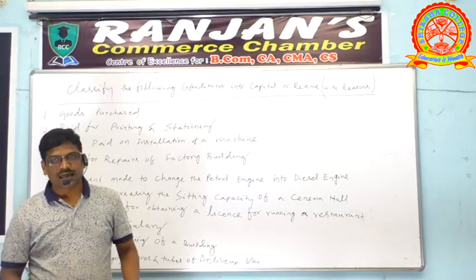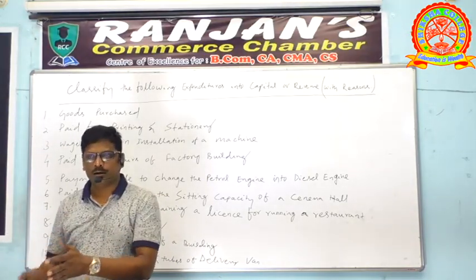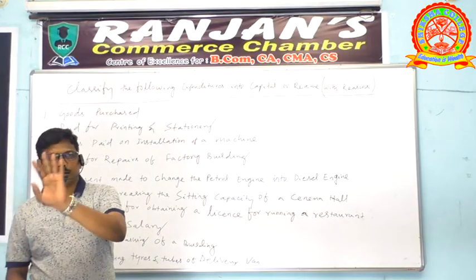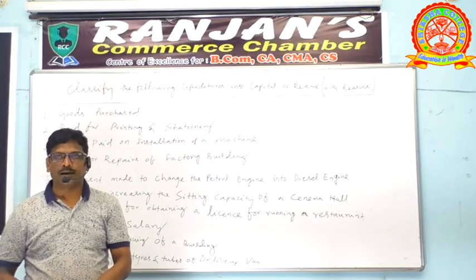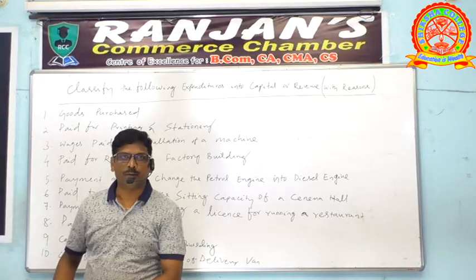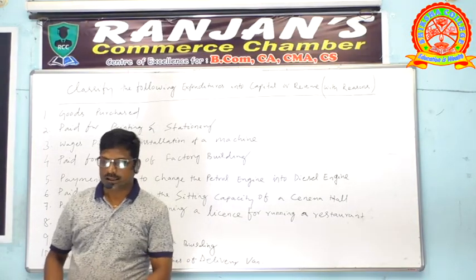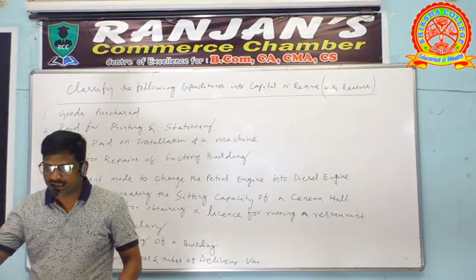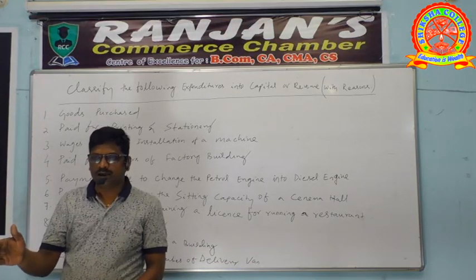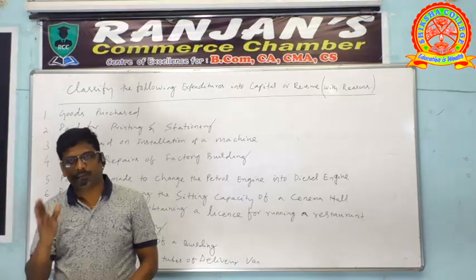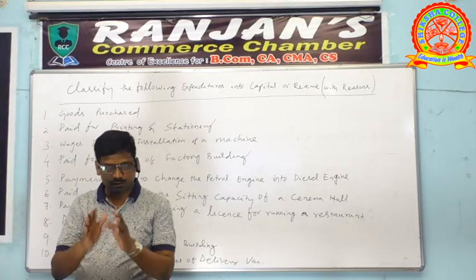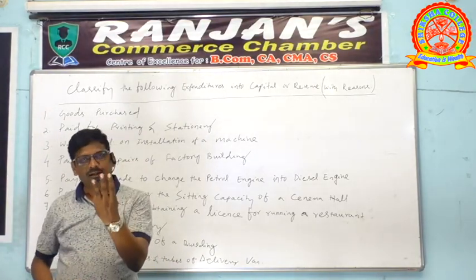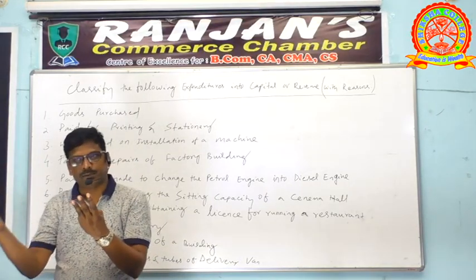After installation of the generator, you can continue its operation for providing electricity in the absence of main power. The cost incurred to make the purchased generator into its usable condition is capital expenditure. You paid 3 lakhs to purchase the generator, capital expenditure.